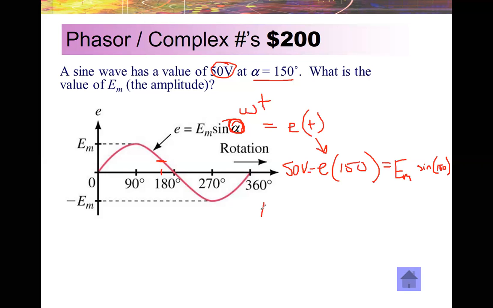We can solve for that, the amplitude, and plug in the 50 volts and divide it by that sine of 150, and our answer is 100 volts.